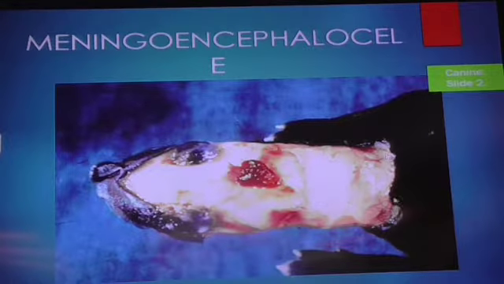And obviously we took the skin off, and you just see a little nodular mass on the top of the head. In most cases, you might not be completely sure of what it is.